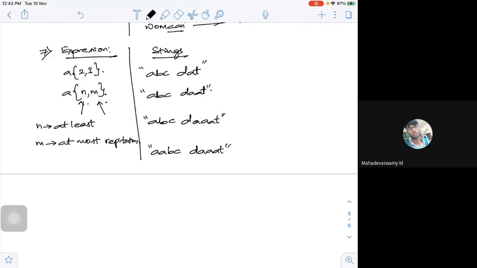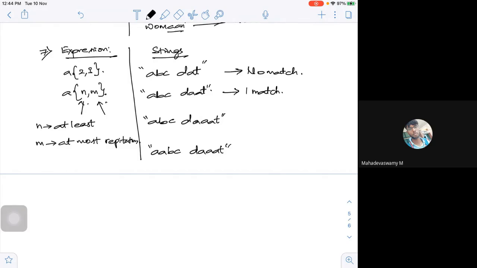Now look at the first one, N and M, you try to compare. If you put the first one, there is no match. Why? It has to repeat, and there is no repetition, at least no repetition. Now if you look at the second one, I have at least one match.